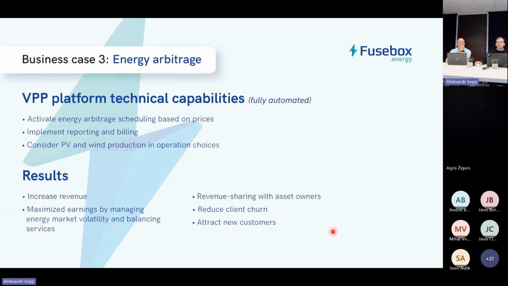So just to sum up, for this site we do energy arbitrage based on your wishes, prices, and any other limitations. As mentioned before in the previous questions, we automate the whole reporting and billing system.